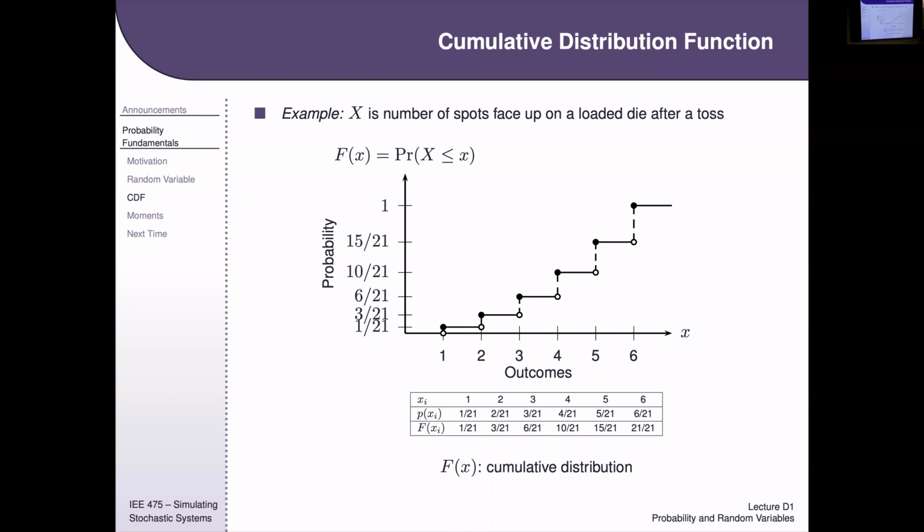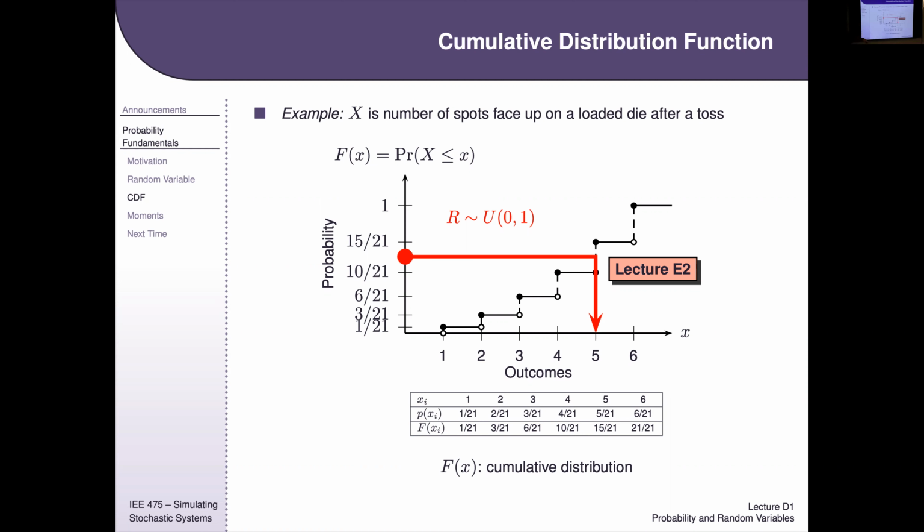And the cool property here is that the probabilities are always from 0 to 1. So what we're going to see in an upcoming lecture, lecture E2, is that if I were to draw a random number between 0 and 1 and use the inverse CDF, I can then get an outcome out of my computer that will match my desired random variable. So one of the reasons we use CDFs a lot in this class is that with the CDF, you can take a probability mass function you've decided is the right model for your system, turn it into a CDF.